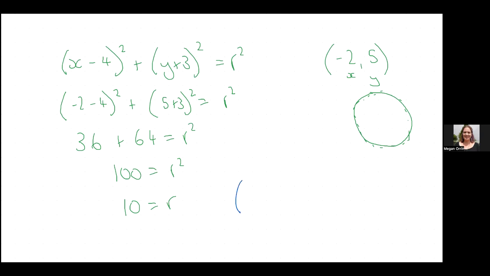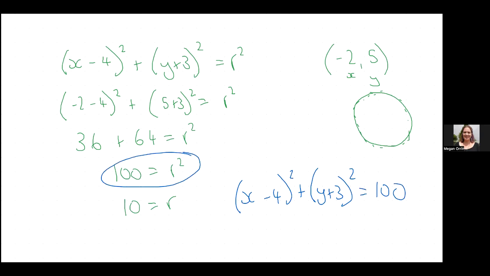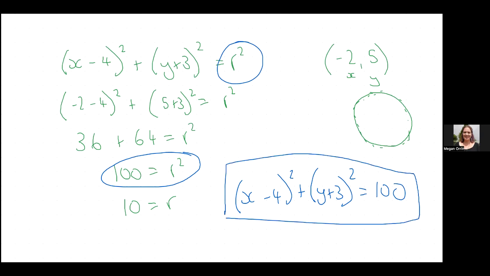So I've got x minus 4 squared plus y plus 3 squared equals 100, because r squared is this bit here, right? So you just plug that in at the end, and that is the equation of a circle with a center 4, negative 3, that passes through this particular point and obviously has a radius of 10.